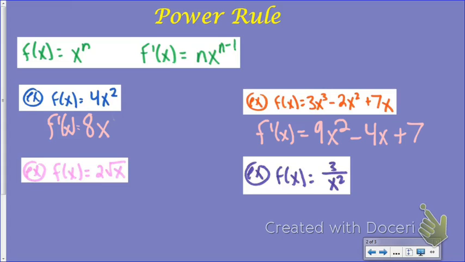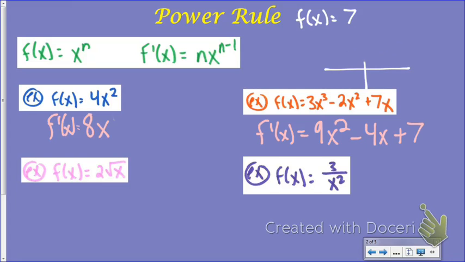Alright, now one more that I want to look at is if I have the function f of x equals just 7, or any constant number. In order to find the derivative of that function, it's going to be really easy. It's going to have the same rule every single time. If you think about just some straight line, it's a horizontal line, which means at every point on there, the slope of the tangent line is 0.